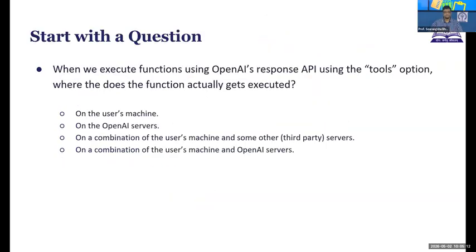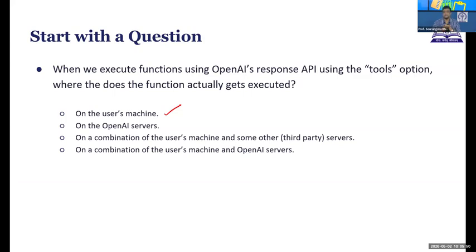So let us start with a question. This is just to help you recall in your mind what was discussed in the last session, right? So when we execute functions using OpenAI's response API using the tools option, where does the function actually get executed? Does it get executed on the user's machine?